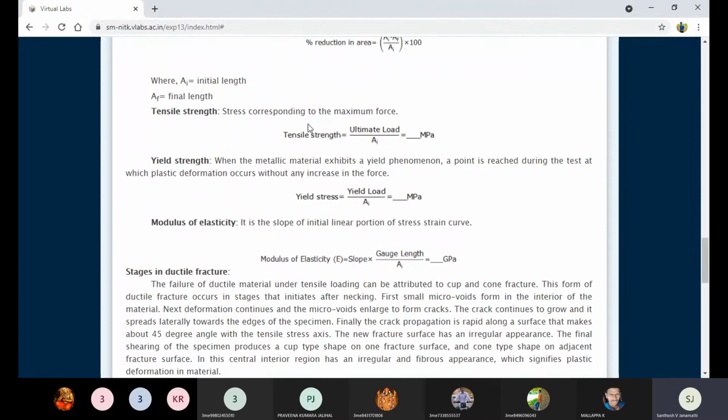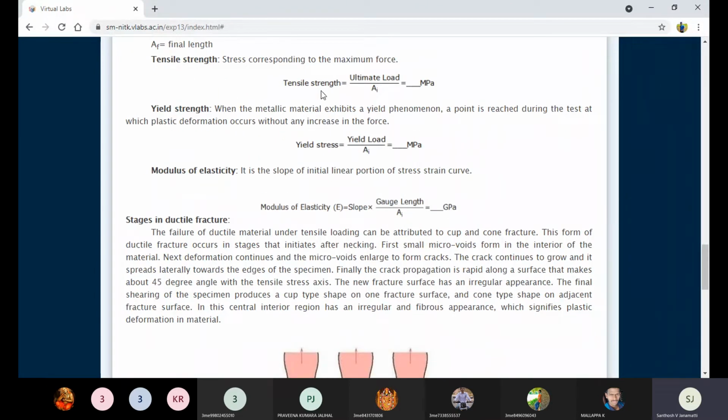Tensile strength corresponds to the maximum force, the maximum load. We need to take the ultimate load. Whenever they ask what we mean by tensile strength, it is also sometimes called ultimate tensile strength. So you need to take the higher, or ultimate, load.